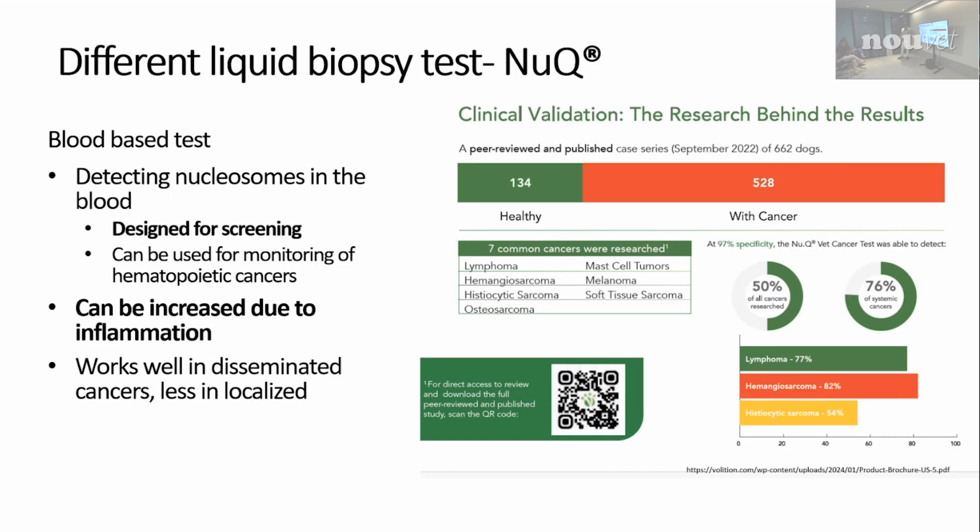Of course, it works very well in disseminated cancers, but less well in localized cancer. From the initial study, in the majority of cases you have between 77 and 54% detection rate, and the specificity is about 98% for various cancers.